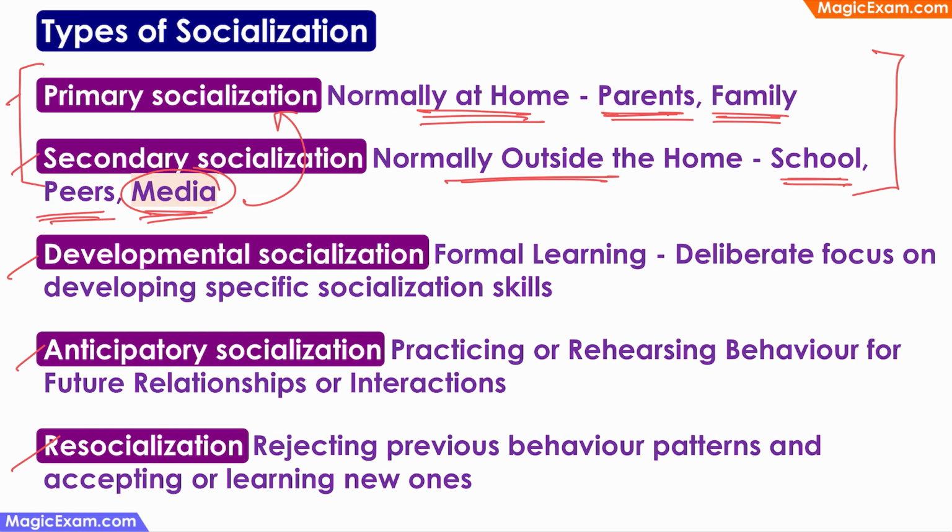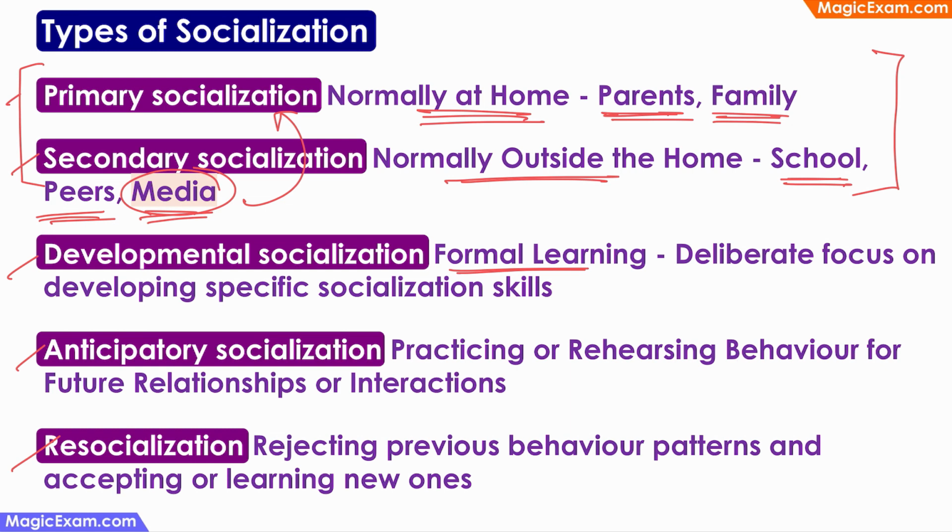The other three types of socialization are not so important from your syllabus perspective. However, we should still know about them. Now, developmental socialization is where you are learning a formal skill or a definite type of skill because you are expecting some social situation that will require the use of such skills.